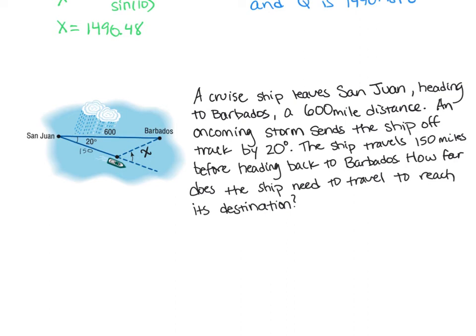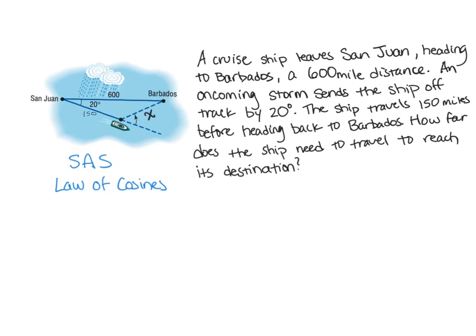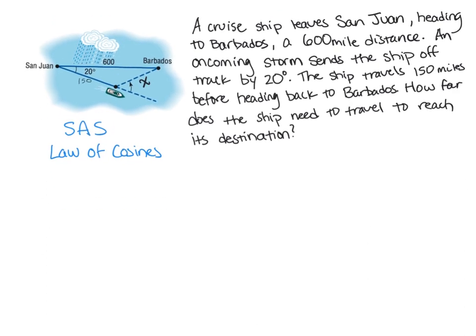What is this x? Well, first thing we need to determine is what equation should we use? Based off of the information that we have, a side here and an angle in between. Since we have an angle in between, that is side, angle, side, or our law of cosines. So I'm going to be using my law of cosines to determine that length of x.